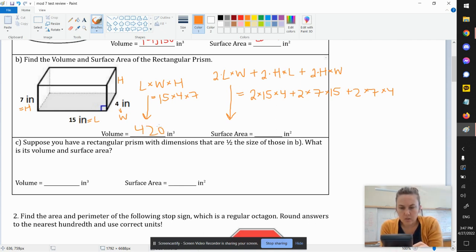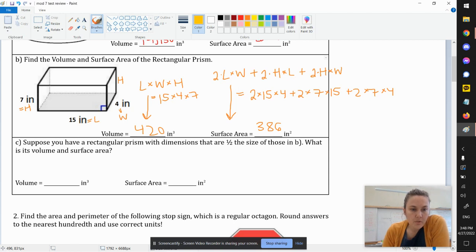Then 2 times 15 times 4 plus 2 times 7 times 15 plus 2 times 7 times 4 is 386. That's that for that. These first two are just knowing the equations, plug it in. And I might even give you these equations, to be honest.